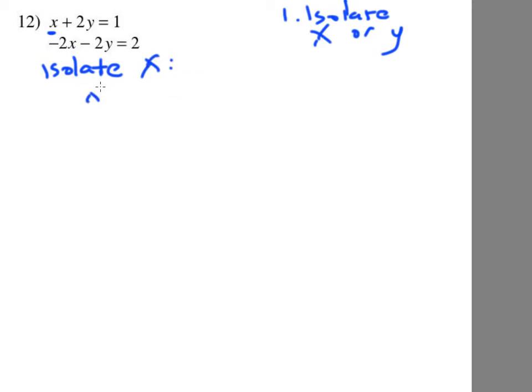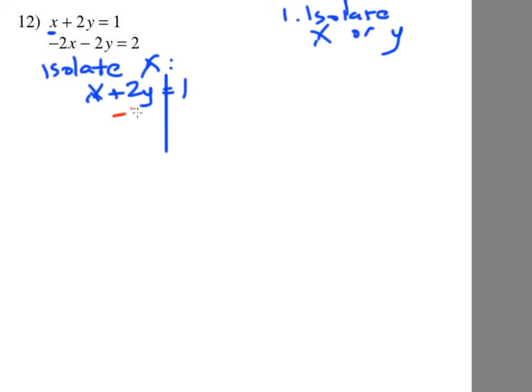So let's write this out here. x plus 2y equals 1. How do I get the x by himself? Who's hanging out with x over here? It's this plus 2y. Well, how do I move him over?